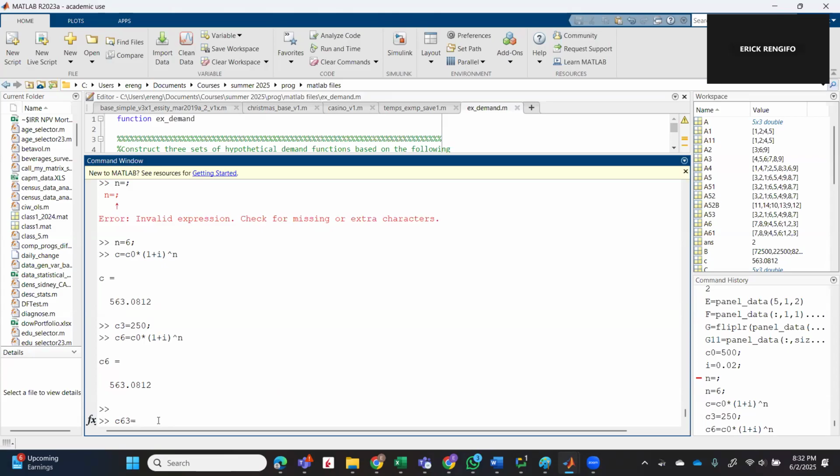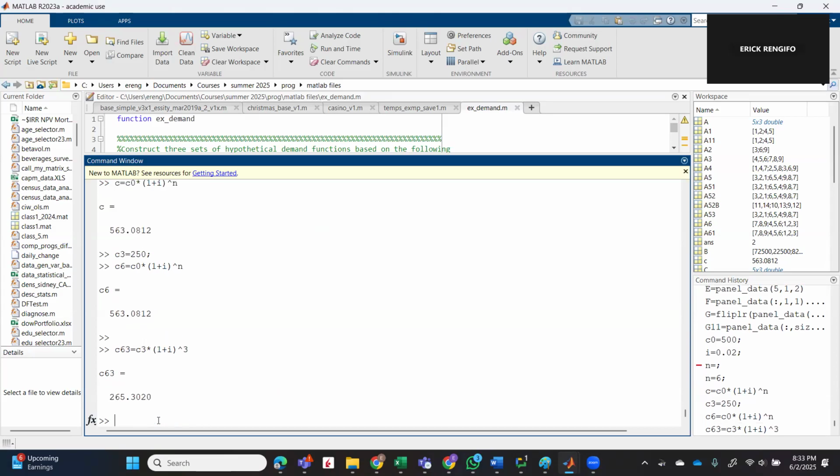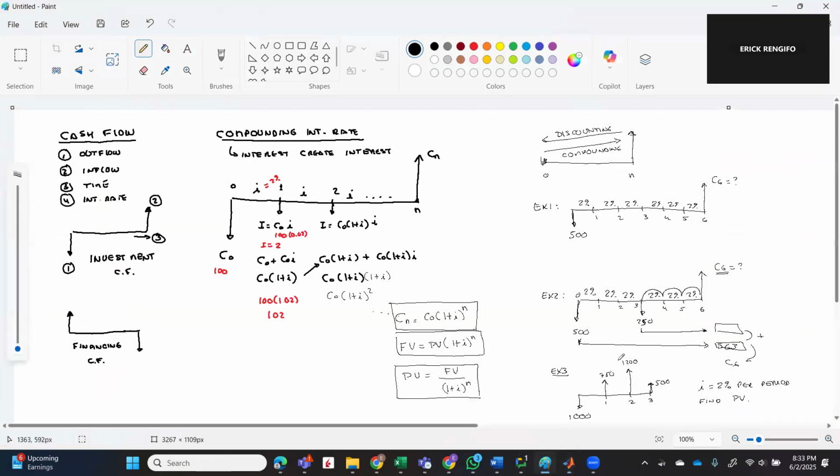I'm terrible with names. So it's going to be my C3 times (1 plus I) to the power 3. Agree? This number here is 265.